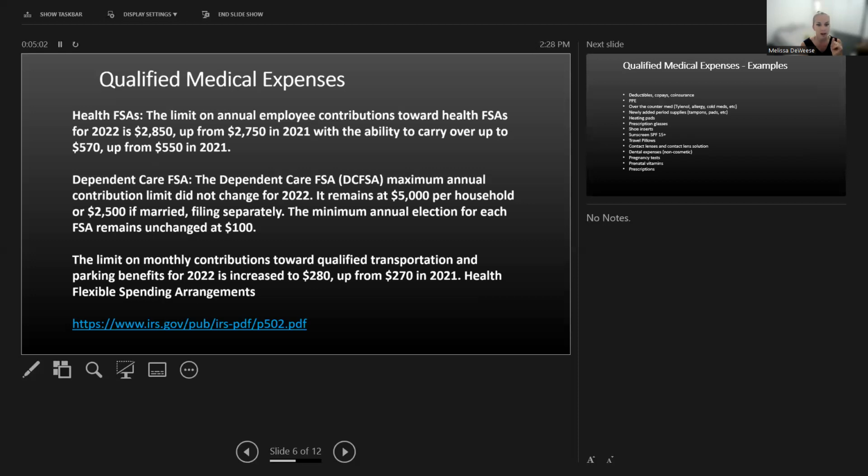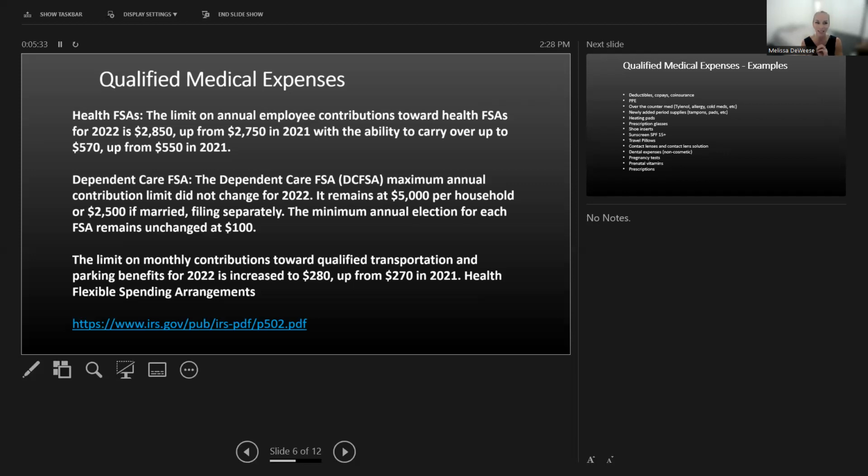Dependent care, the dependent care FSA maximum annual contribution did not change. It's $5,000 per household, or if you're married filing separately, it's $2,500. They changed this a bit because it used to be if you were single, you'd get $2,500, and then if you were married, you would get $5,000. But people pointed out, don't people who are single need more dependent care for their kids?